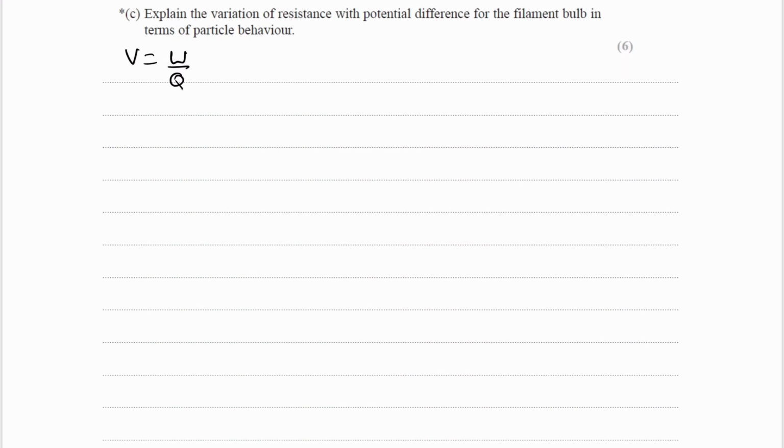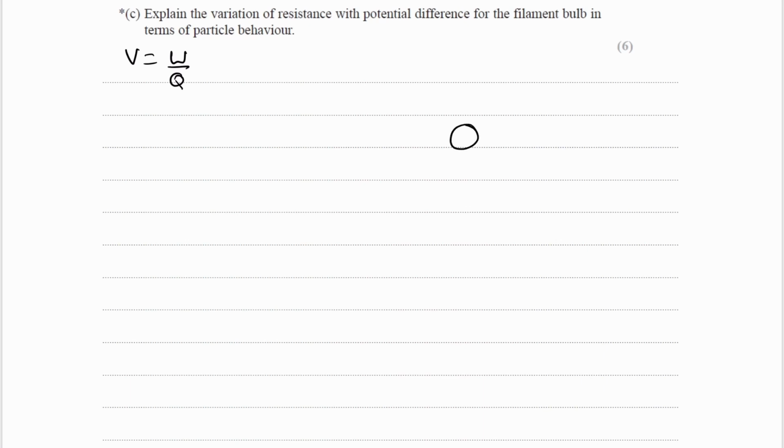And if the electrons gain more energy, that means that whenever they collide with metal ions, they transfer more energy. The metal ion's energy then increases, and this causes them to vibrate with a greater amplitude. And if, on average, the metal ions are vibrating with a greater amplitude, well, that's the same thing as the temperature of the entire filament increasing.